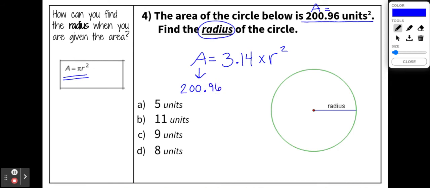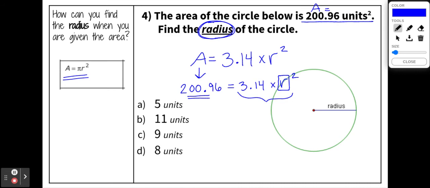Okay, let's complete the rest of the formula. Equals 3.14 times radius squared. So we're asked to find the radius. We want to figure out what number right here could our radius be to give us an area that's equal to 200.96. What's the radius?